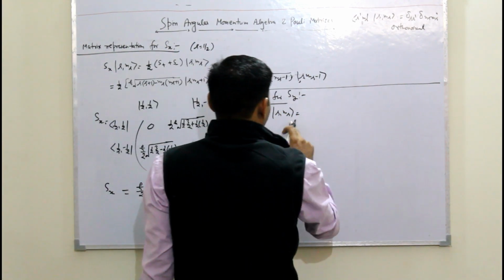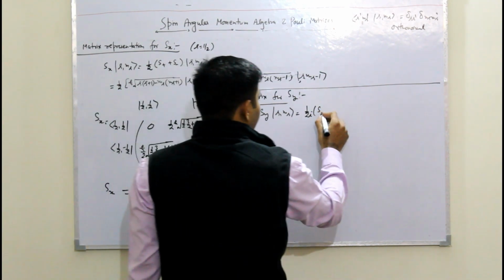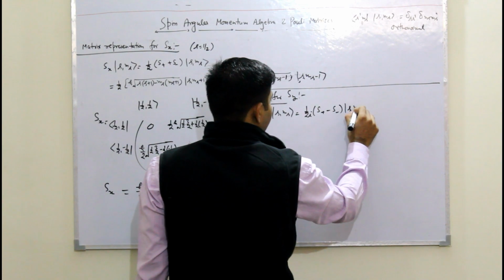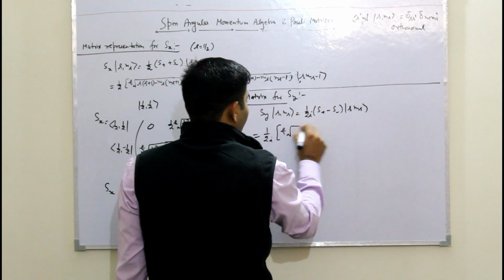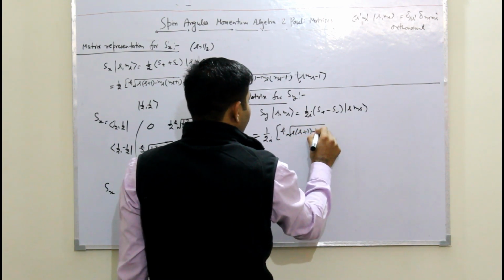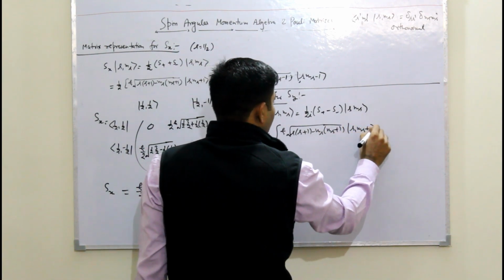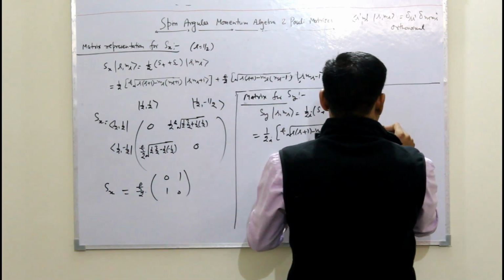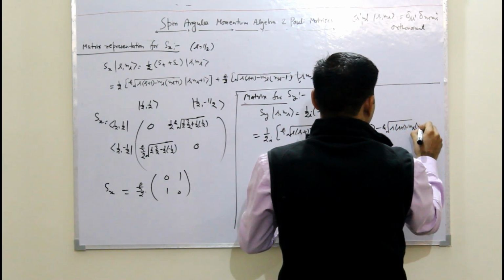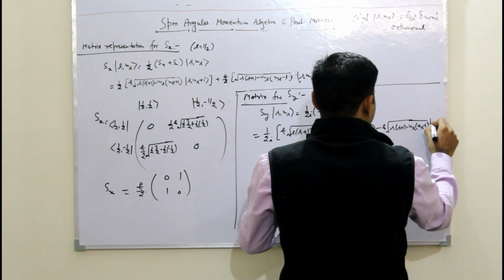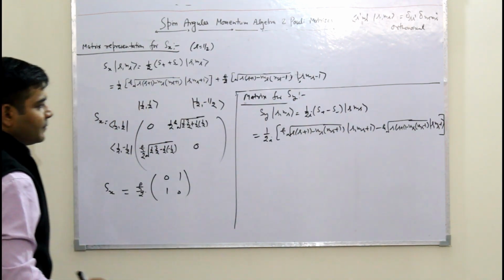So S comma MS, this is 1 over 2 iota, S plus minus S minus acting on S comma MS. So this gives us 1 over 2 iota, h cross under the root S into S plus 1 minus MS into MS plus 1, S comma MS plus 1, minus h cross under the root S into S plus 1 minus MS into MS minus 1, S comma MS minus 1. So that's what we get.